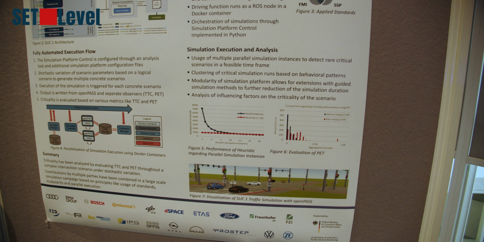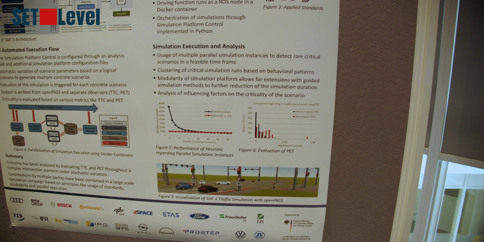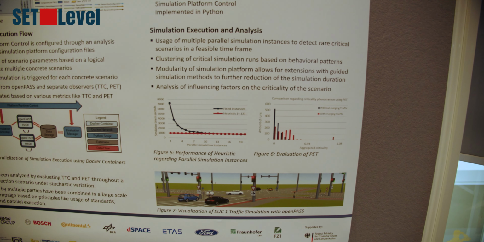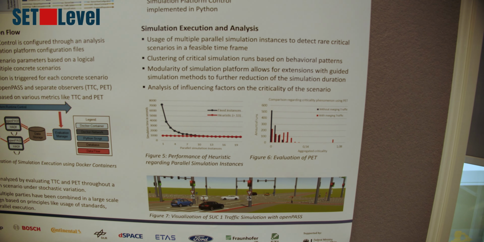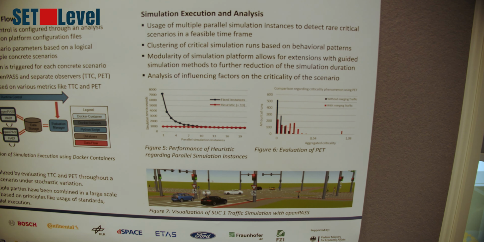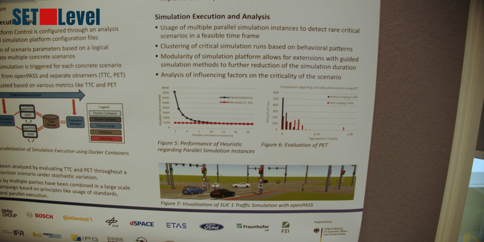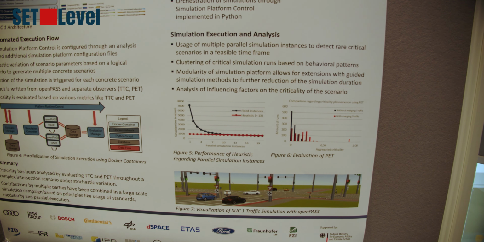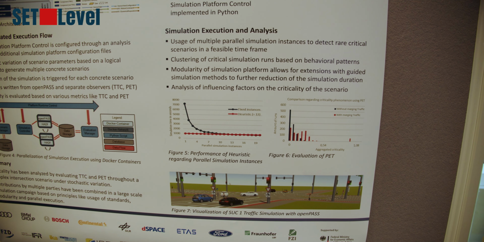Well, and then we executed around 5,000 simulations actually, and we evaluated them. Exemplarily, we have a figure here showing the post-encroachment time, basically by how much two agents missed each other, how close it was to being a collision, or how much safety distance we had left within that simulation.